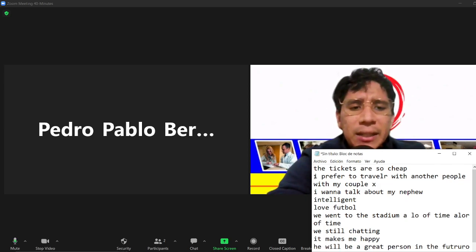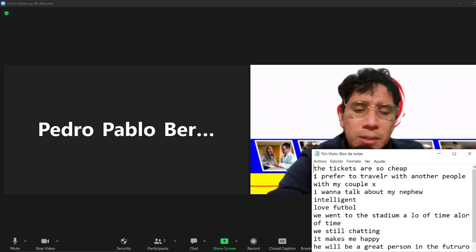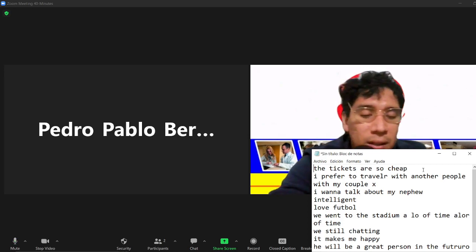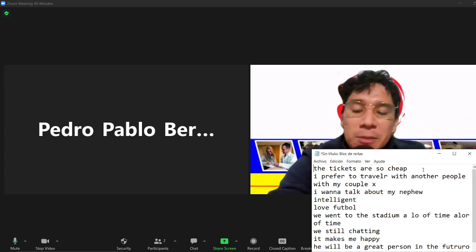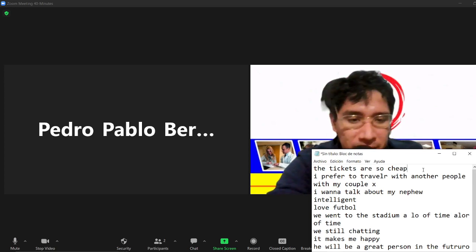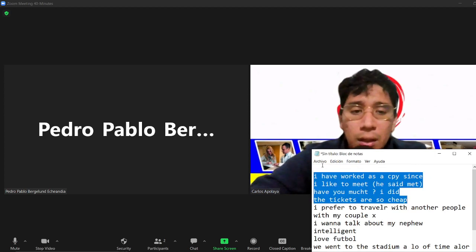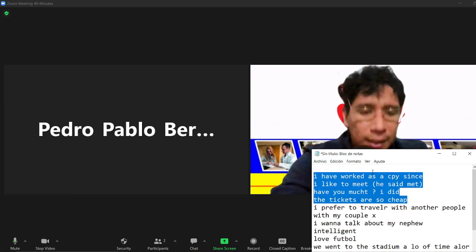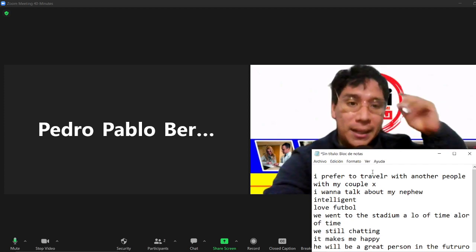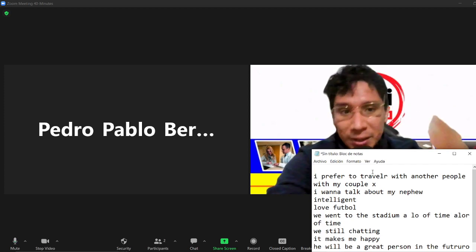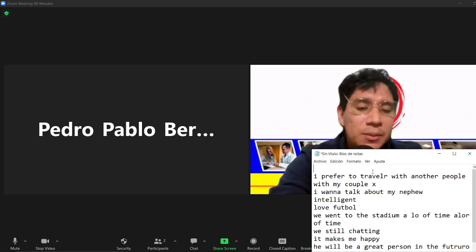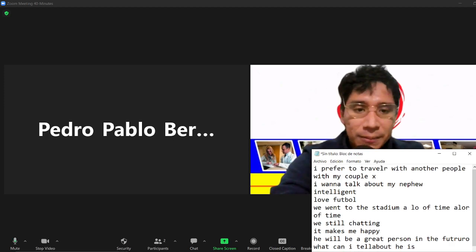Palabritas, ¿no? The tickets are so cheap. En lugar de decir cheap, podrías decir the tickets are inexpensive. ¿Ok? Or unexpensive. Y tampoco es unexpensive, es inexpensive. ¿Ok? Inexpensive, con I. But cheap is right. Está correcto, sino que como es un examen para que puedas trabajar o estudiar en otro país, tratemos de usar otras palabras más sofisticadas.